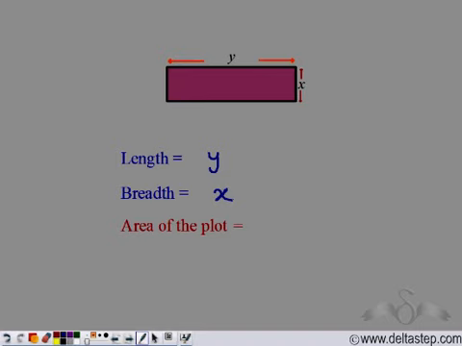Here, we have two variables, and we have to multiply these two variables. So, the area of this plot is y into x. And when we multiply two variables, it can be written as yx or xy. So, any of these can be used to represent the area of this plot. It can be yx or xy. And this is how we multiply two variables.